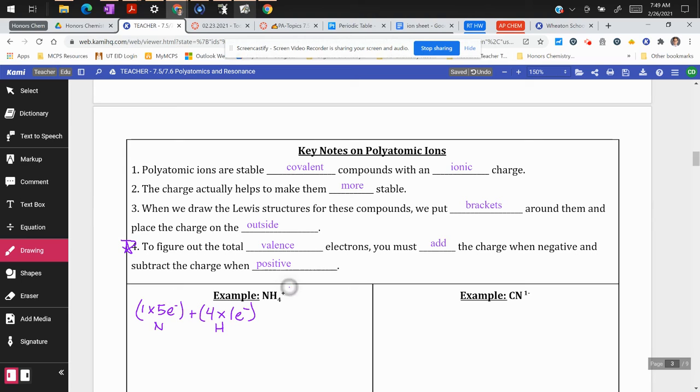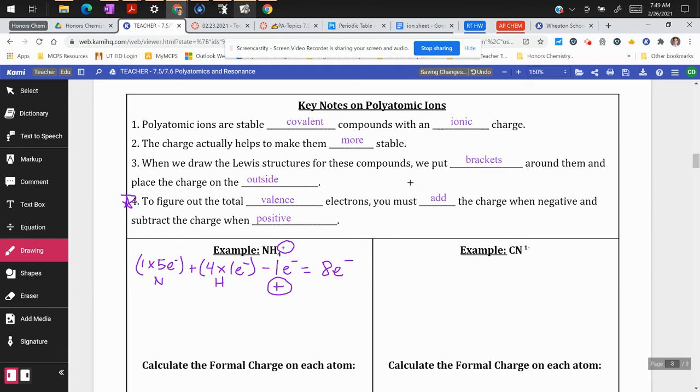So one thing I notice is there's a positive charge here. When I have a positive charge here, I subtract that 1 electron that was lost to make up for the positive charge, and I can get an even number of electrons. So I have 8 electrons present in this molecule because I subtracted the electron that was lost to give me the positive charge. Now I can go up and set my Lewis structure like normal.